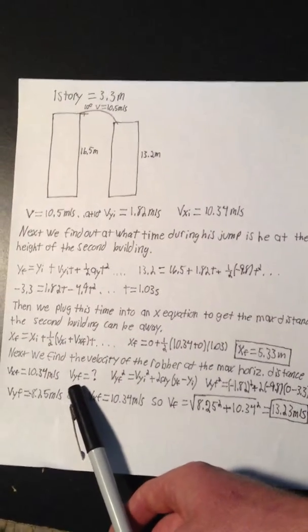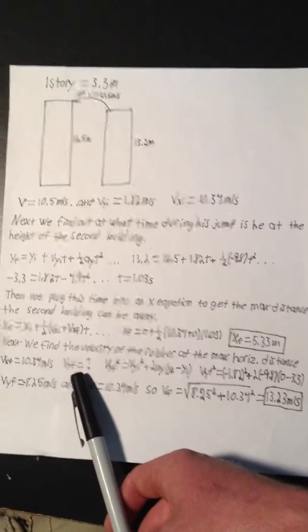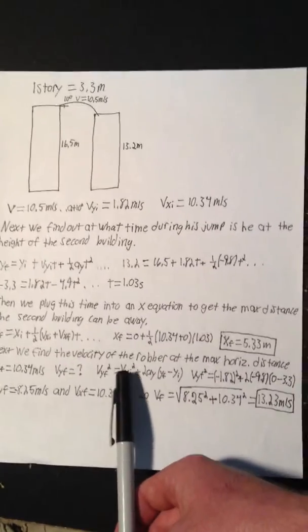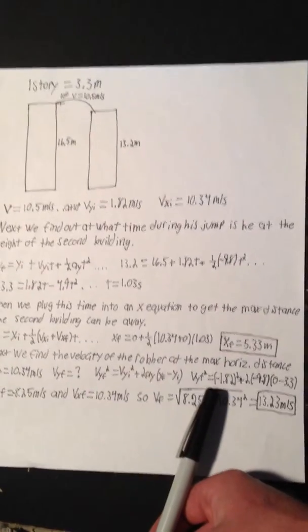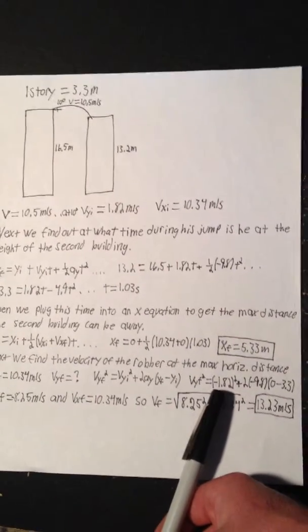Back to solving for the Vy final, we use this equation. Vy final is what we're solving for. Our Vy initial, like I said, is negative 1.82.